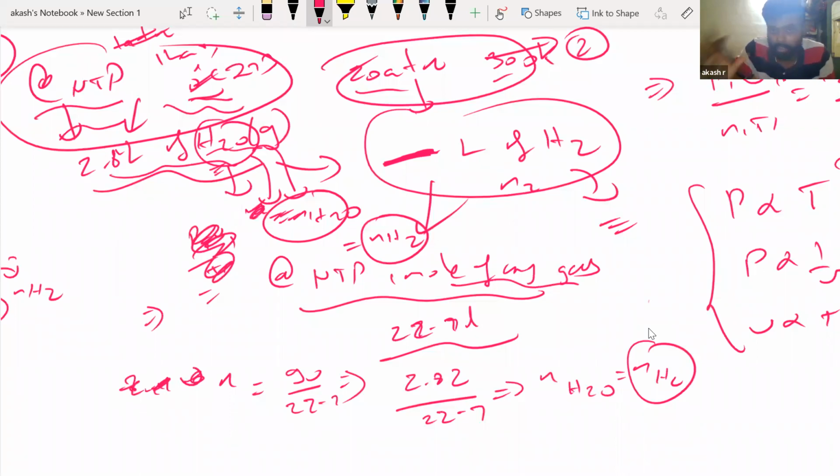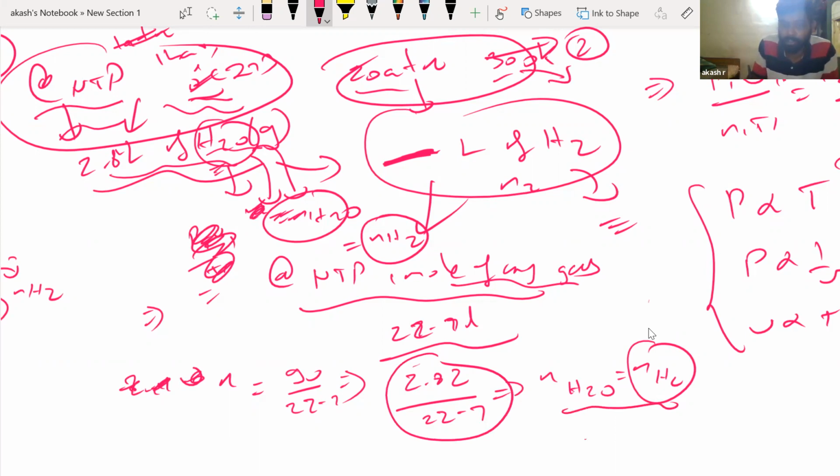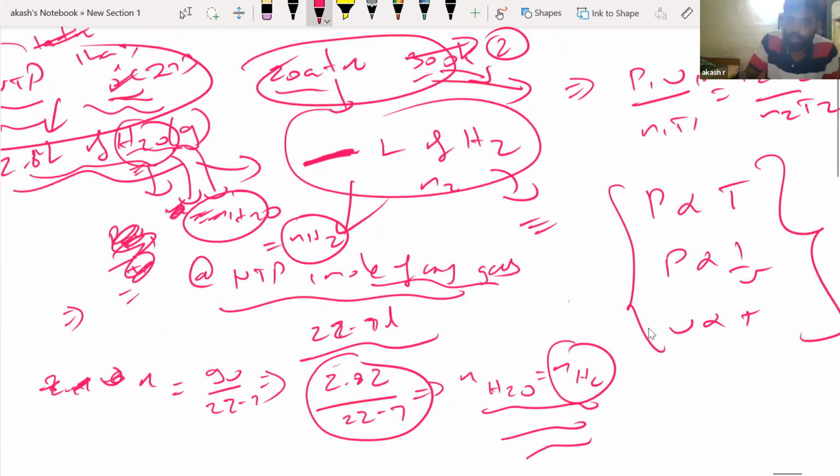Right now, this is a closed container. So whatever the number of moles of H2 and H2O we are finding here should be the number of moles of H2 here also. And if that's the case, I can use the ideal gas equation.